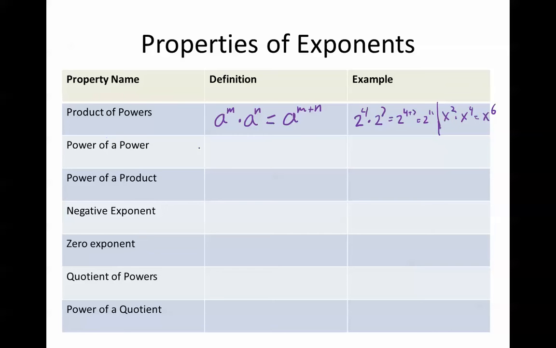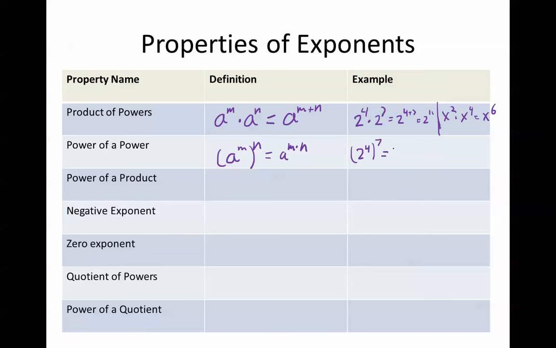Okay, power of a power is when we have a term in parentheses being taken to another power, and when this happens, we multiply the exponents together. So again, as an example, 2 to the 4th, to the 7th power. Notice how the 2 to the 4th is in parentheses and the 7 is on the outside of those parentheses.